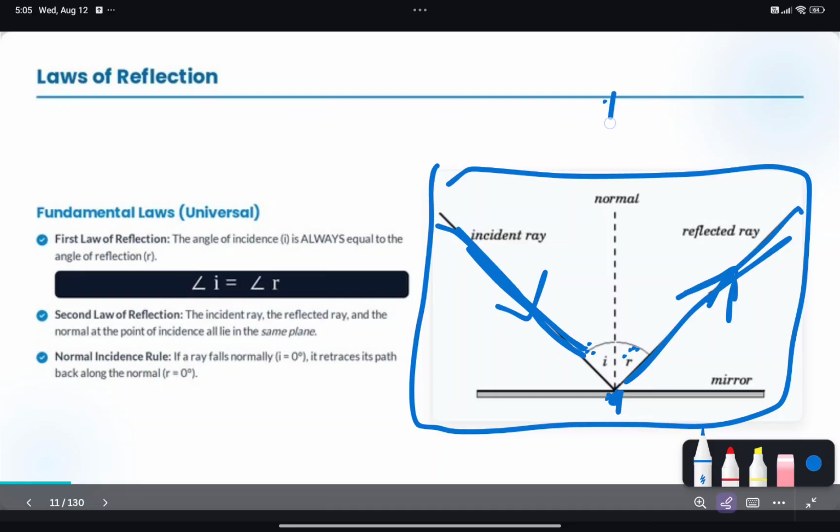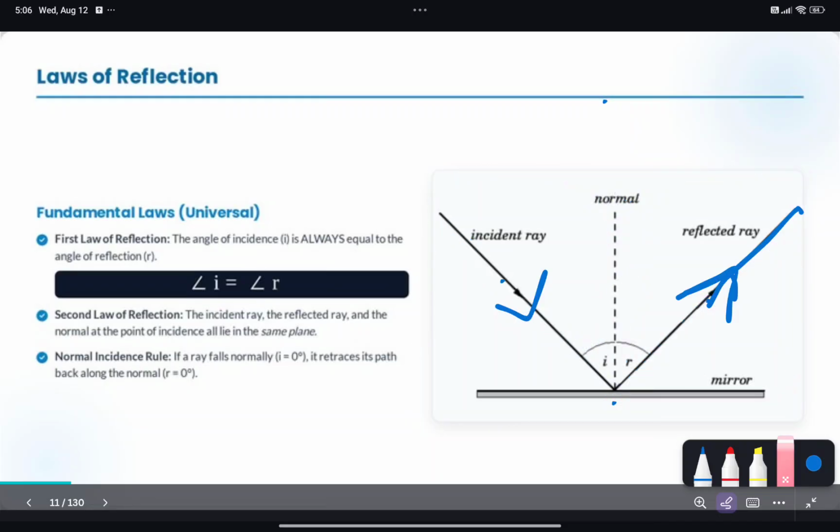For example, whenever any light ray comes through the normal, it bounces back and passes through the normal only. One light ray coming like this, after reflection, bounces back in this direction only. It means through the normal only. Clear or not?